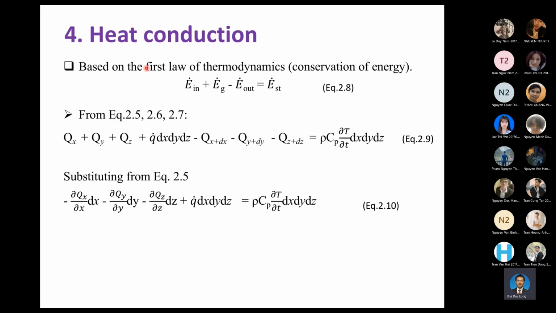Based on the first law of thermodynamics, conservation of energy, we have energy in plus energy generated in the system, minus energy out, equal to the energy stored in the system.